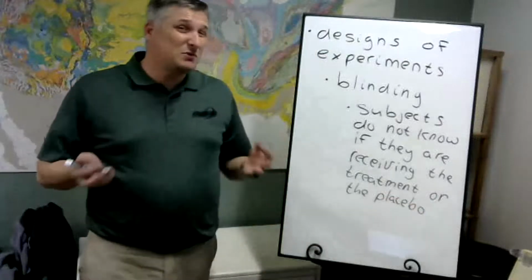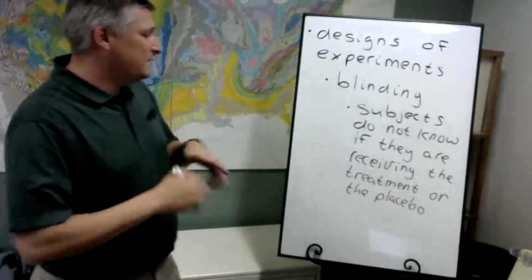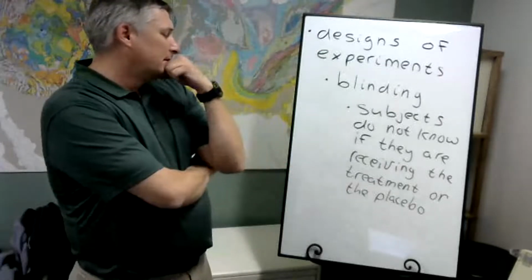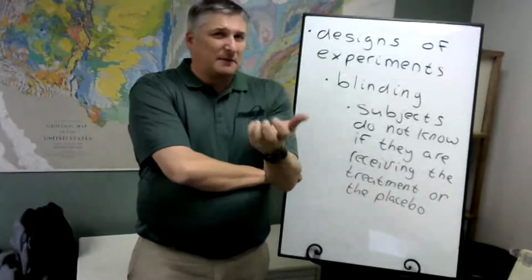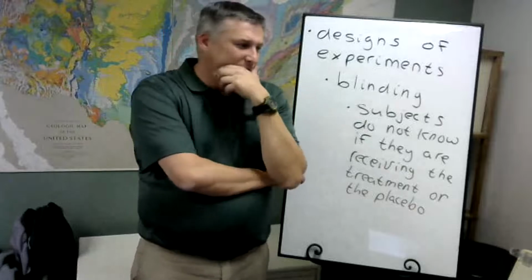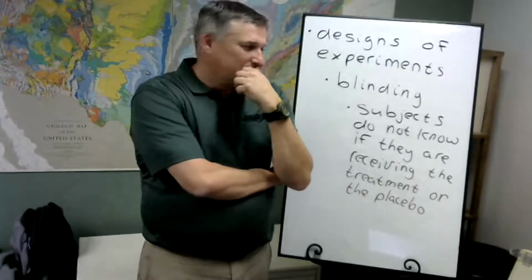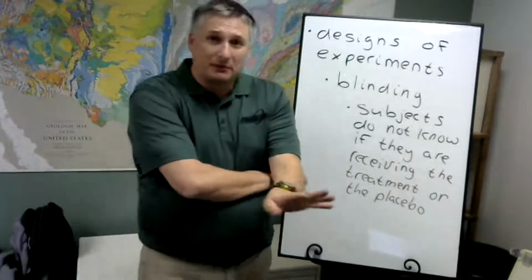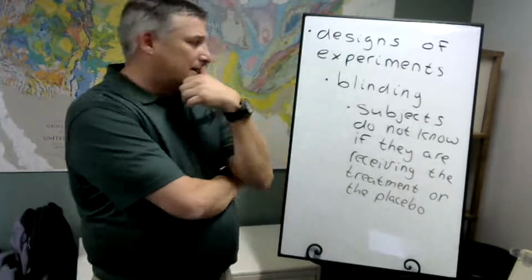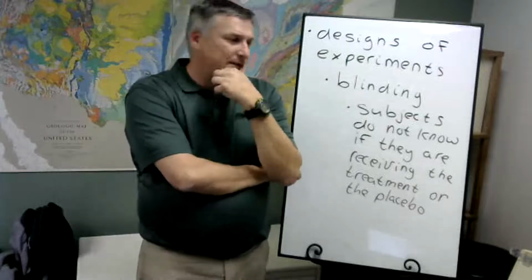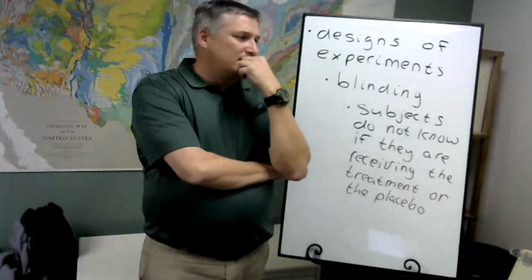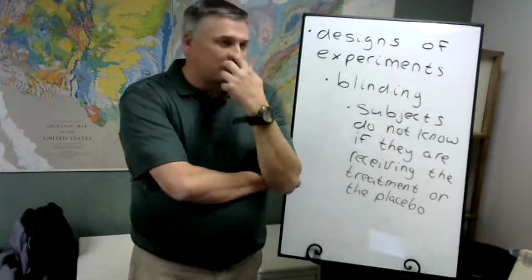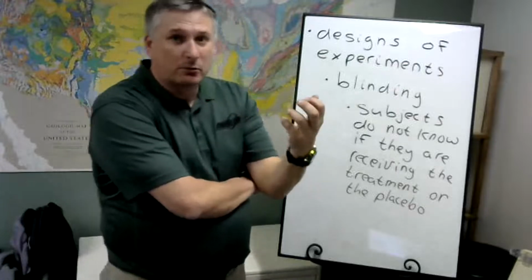Your subjects do not know if they're receiving the treatment or the placebo. Commonly, you're letting everyone think they're getting something. You're just giving them a pill. You might tell them they're getting the treatment. Again, whether that's ethical or not is another story. But you're giving them all a pill. Let's say we're doing that. You don't want to tell someone that they're not getting the treatment if you're trying to test, say, whether a drug works.